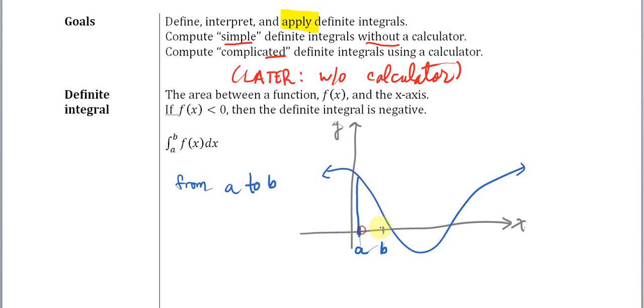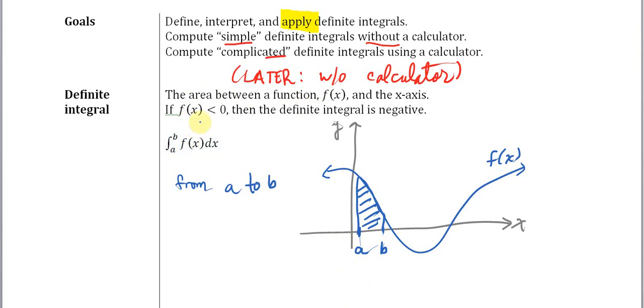And then what we're talking about here is the area between the curve of f of x and the x-axis. So this notation is a shorthand way of describing this area here. And you can see that when we have a curve, it's a significantly more difficult problem than what you may have learned in geometry.